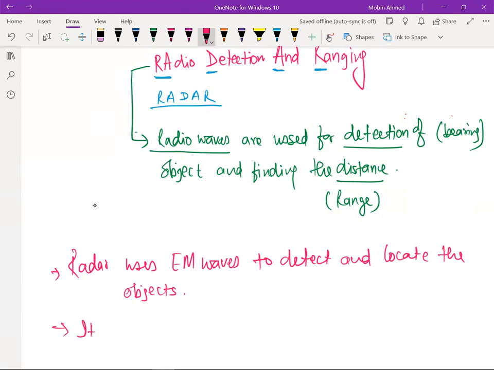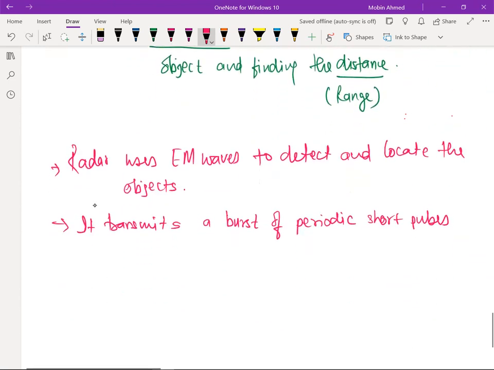It transmits a burst, we can say, or trail, we can say. Okay, whatever you feel, you can write it, or burst of periodic short pulses of EM waves.